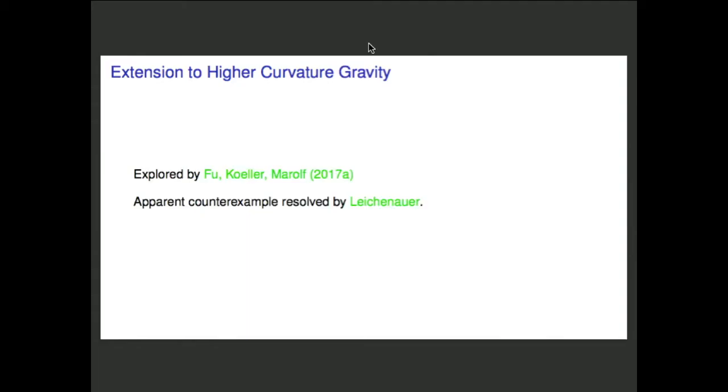So recently there have been quite a few papers initiated largely by Don and my own student, Jason, and I think this is Don's student, Fu. They explored the extension to higher curvature gravity and seemed to find a counterexample. But as Stefan then pointed out, the counterexample in fact violates effective field theory.